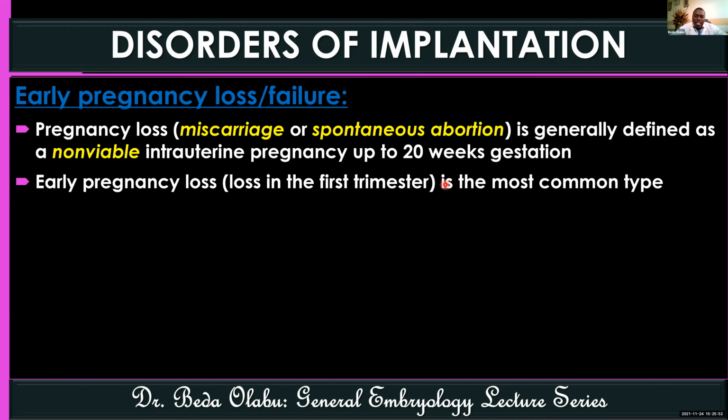And the dating system I'm using right now is the dating based on the last normal menstrual period, which means that when we say that implantation is completed by the 2nd week, according to pregnancy dating, now that is 4th week. Remember, you need to add 2 when you are looking at embryonic or conceptual dating, and you're looking at the pregnancy dating in terms of the last normal menstrual period.